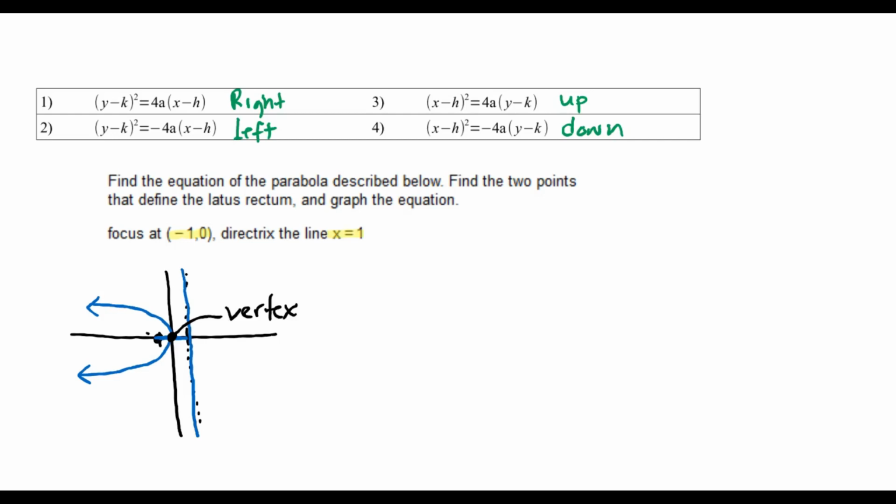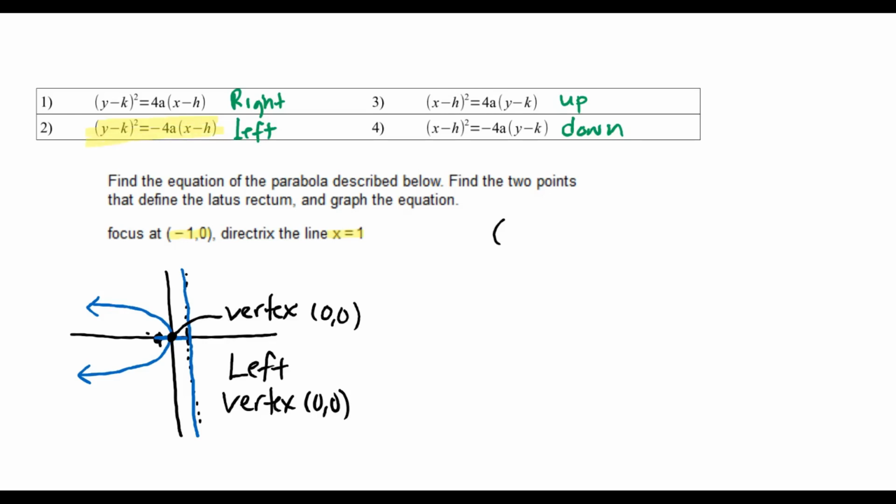Halfway in between those two, we have the vertex, which is going to be at 0, 0. So what we know is that we have a parabola that's oriented left that has a vertex at 0, 0.